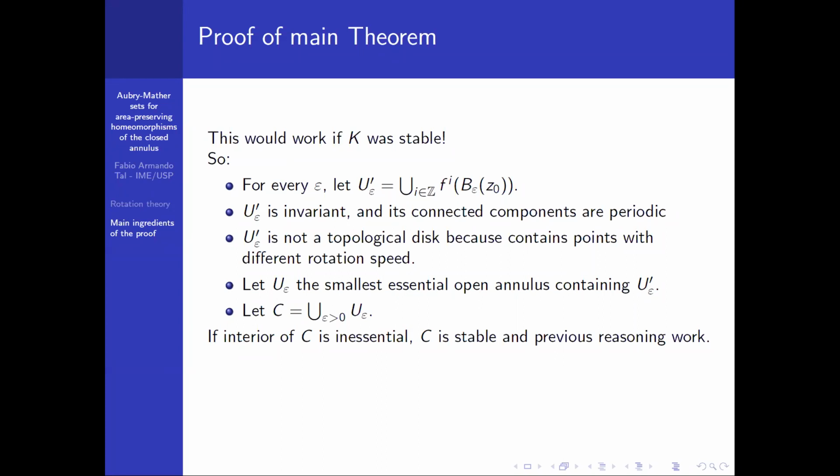Since I'm starting with points which are arbitrarily close to Z0 and they go here, this set is just a set of points that passes arbitrarily close to Z0. Then this region here is going to be a region of instability. And that's how it usually works.